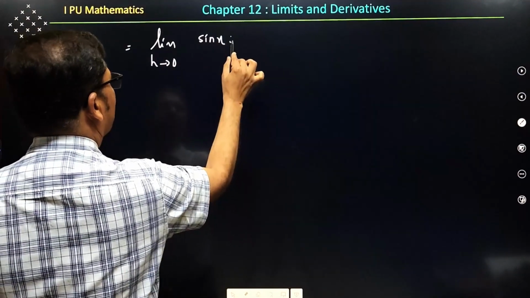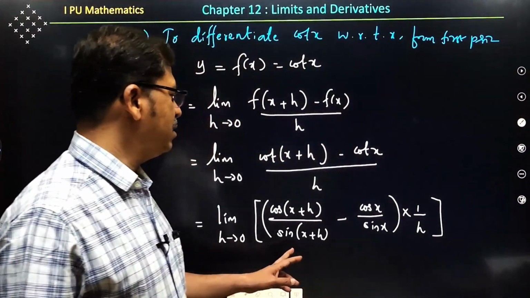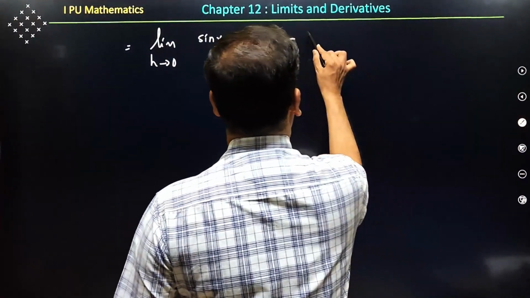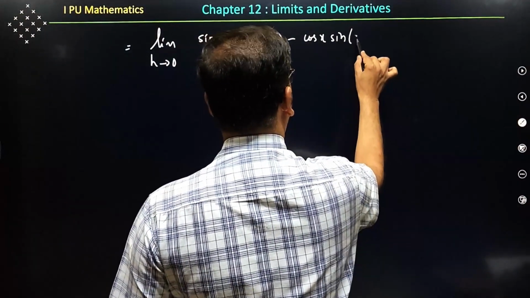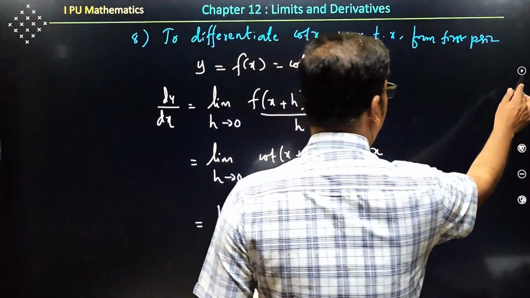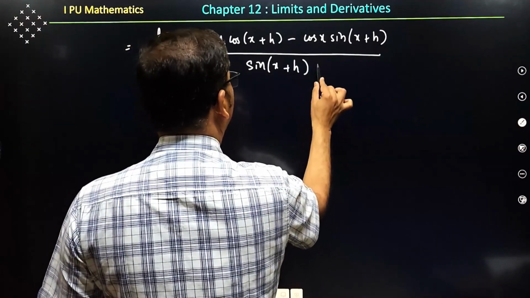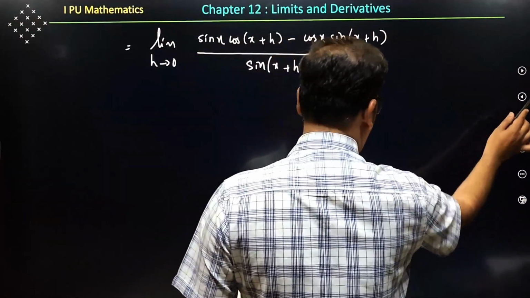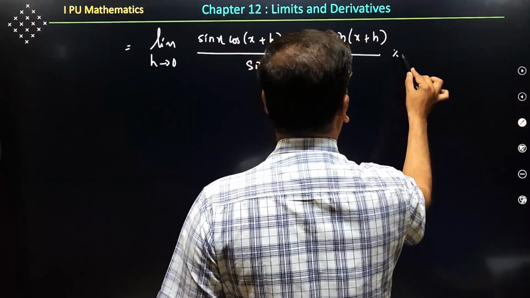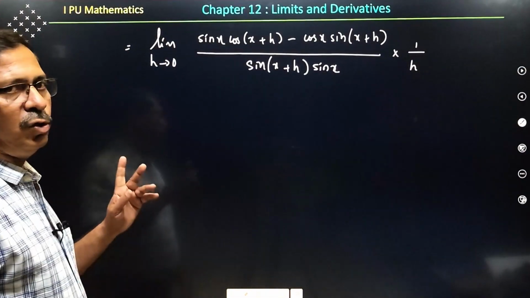Sin x into cos of x plus h minus cos x into sin of x plus h, whole divided by what we take here, sin of x plus h into sin x, into 1 by h outside the bracket, into 1 upon h you can write now. Now let us think over the numerator.